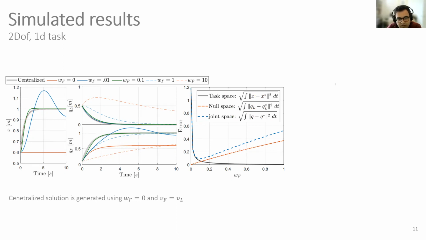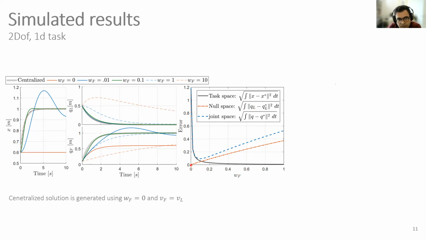So for the task, if we want the task to be done nicely, we should not completely rely on the follower. We should accept that the follower would not do everything. We should increase the WF. We should move in this direction. And if we want the null space error to be small, we should go to this side.